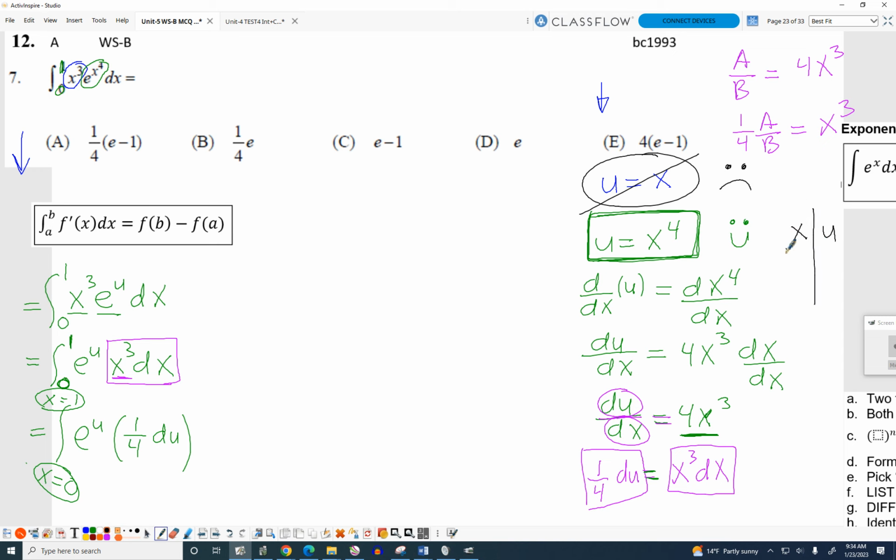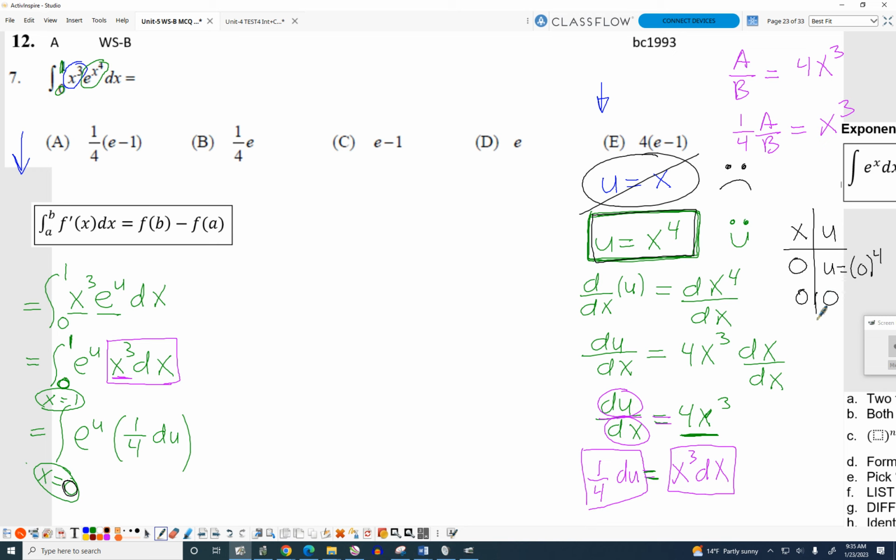So here's a value of x that's 0. According to this, Ethan, if x is equal to 0, what would u equal? Also 0, because the u value is nothing more than the x value to the 4th. So when x is 0, u is also 0.